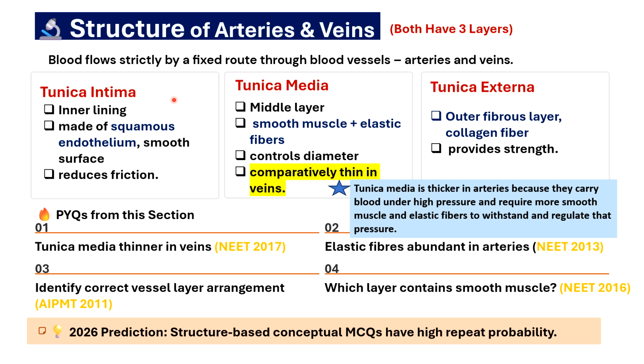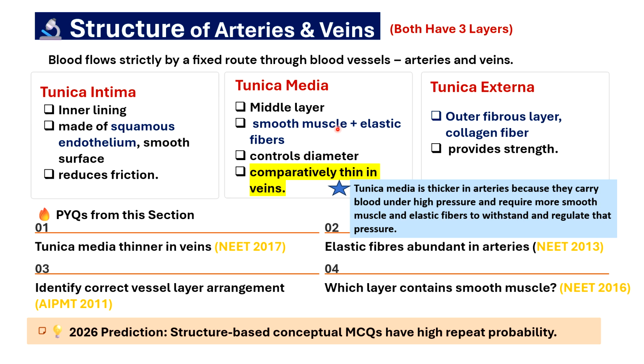That is why its structure should be such that it allows the smooth flow of the blood, or the friction should be minimum. So, it is made up of squamous endothelium, which has a smooth surface and allows the blood to flow nicely. Clear? Now, tunica media, which is the middle layer, is made up of smooth muscle and elastic fiber.